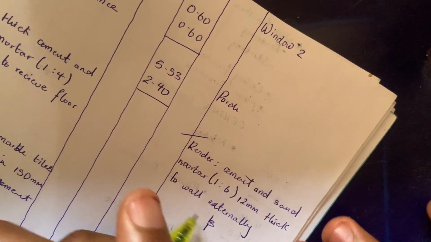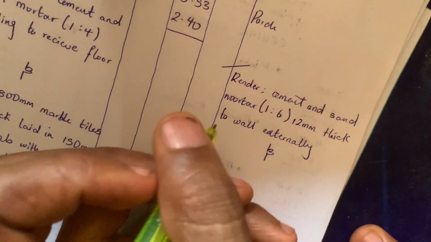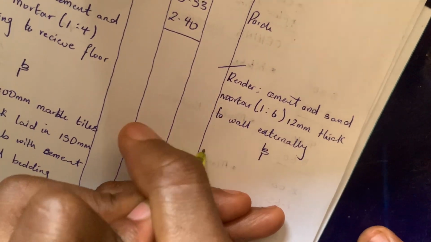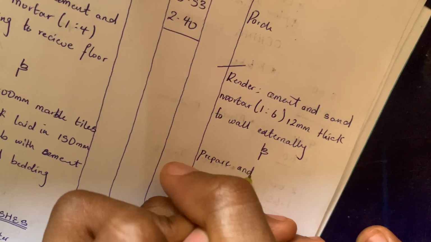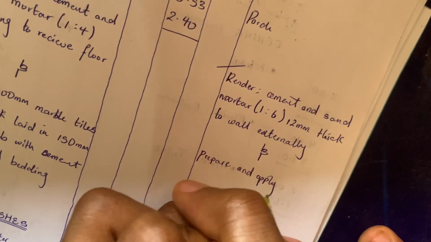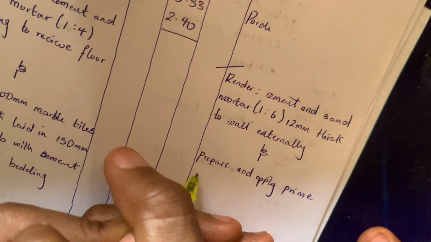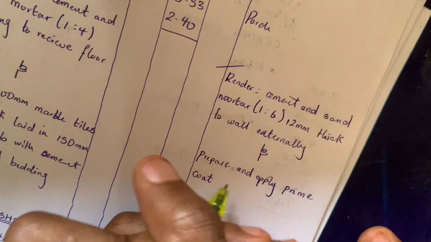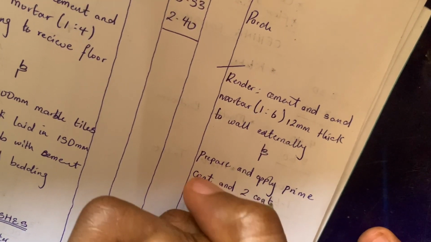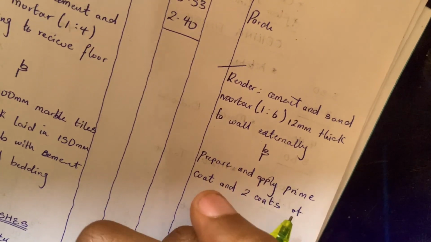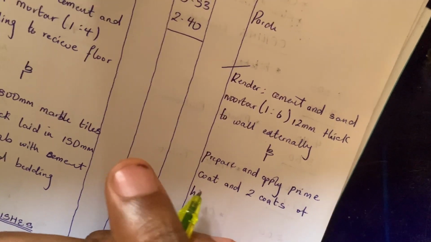And then we are going to paint afterwards, after doing the rendering work. So we are going to say prepare and apply prime coat and 2 coats of, we're going to assume that it's high gloss paint that will be used outside.